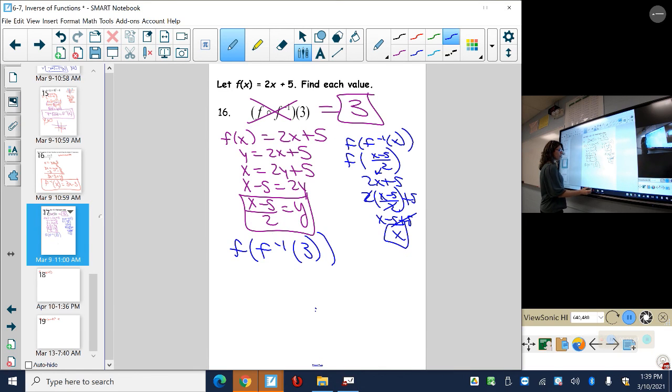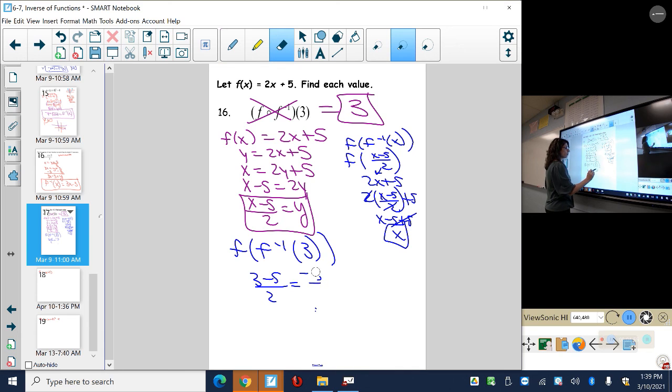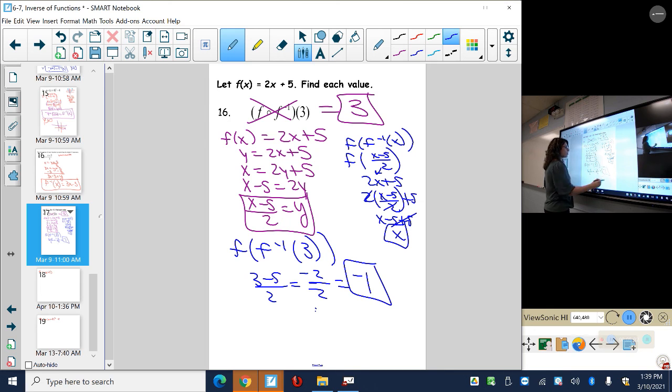So if I plug in a 3 here, 3 minus 5 is -2, over 2, which gives you -1. So then you're going to go ahead and take -1, and for the f function, that's 2 times -1 plus 5.